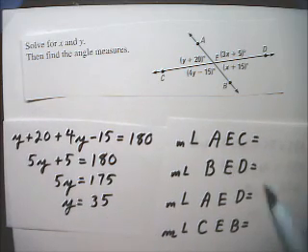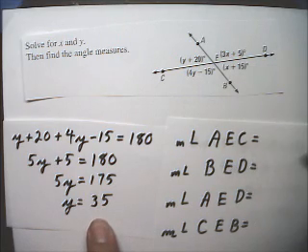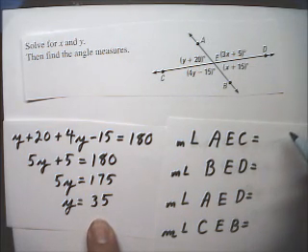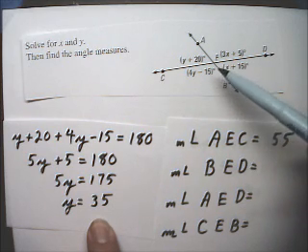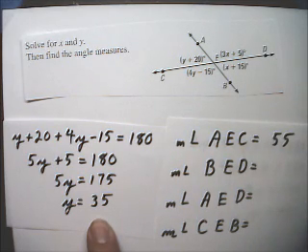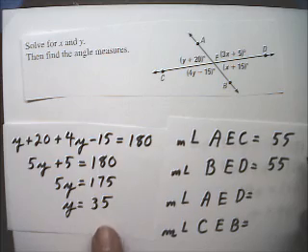So angle AEC is y plus 20. So y plus 20, that's 20 plus 35, which is 55. Angle BED is vertical with angle AEC, so it's also equal to 55.